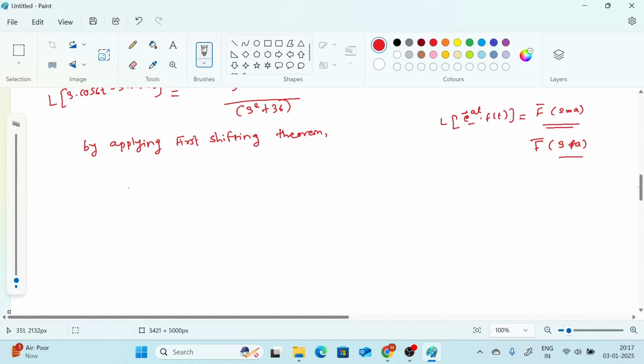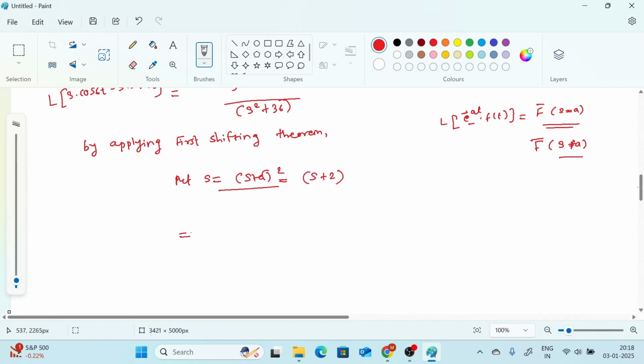By applying the first shifting theorem, we have to put s equal to s plus a. And the value of a is 2, because e raised to minus 2t, so a is 2, right? So I need to put s equal to s plus 2.